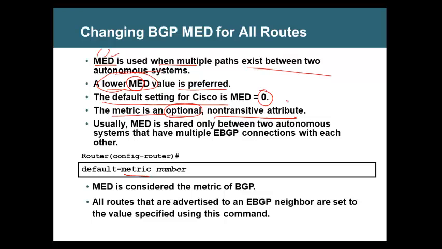All right, we learned in the beginning different type of attributes. This is one of the optional, at the same time non-transitive. At least 0 should be there. If no metric, no valid update. The update will not be sent to anyone.